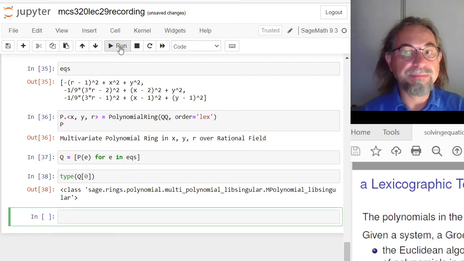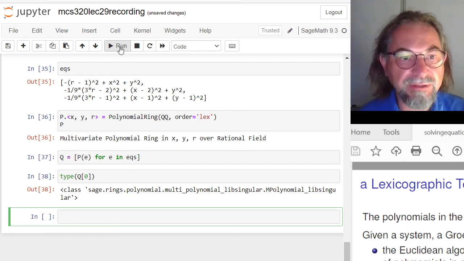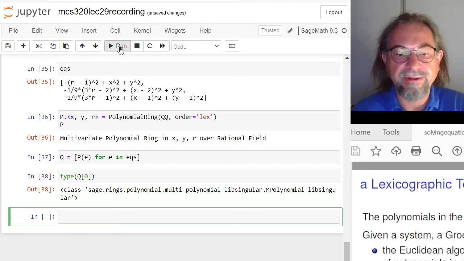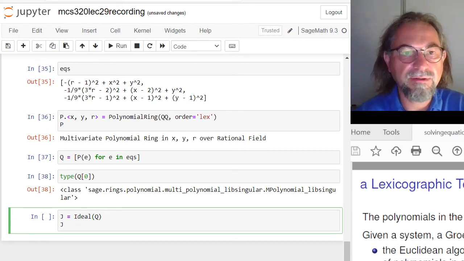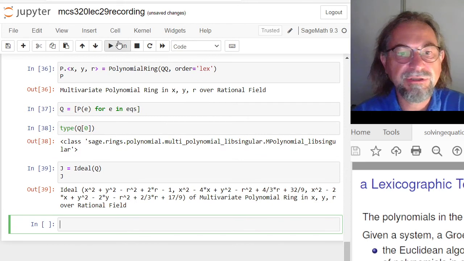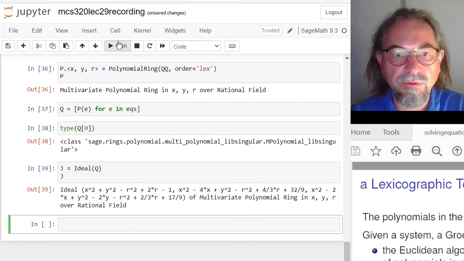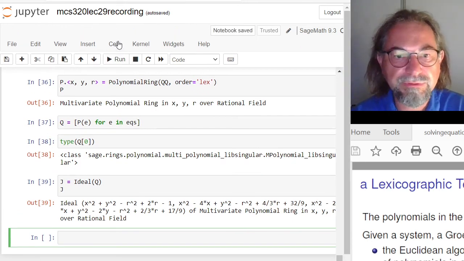A Groebner basis is defined for an ideal. An ideal is the space of all polynomials that you can make by making combinations from these three polynomials.